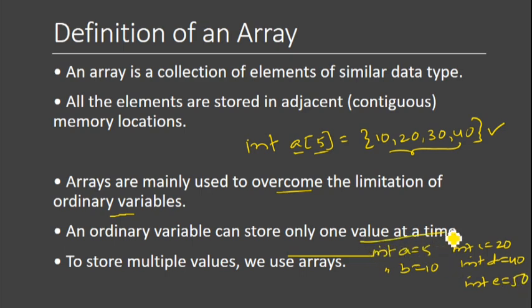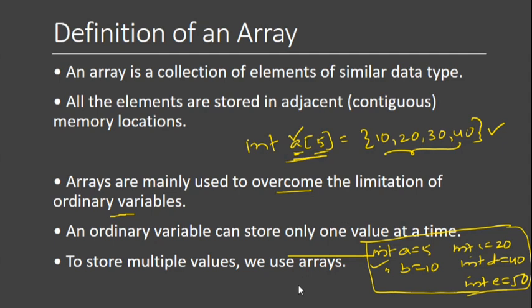So here 5 times I need to declare the variables. Instead of declaring multiple times, by using an array, we can store these 5 values in a single variable. That we will discuss.